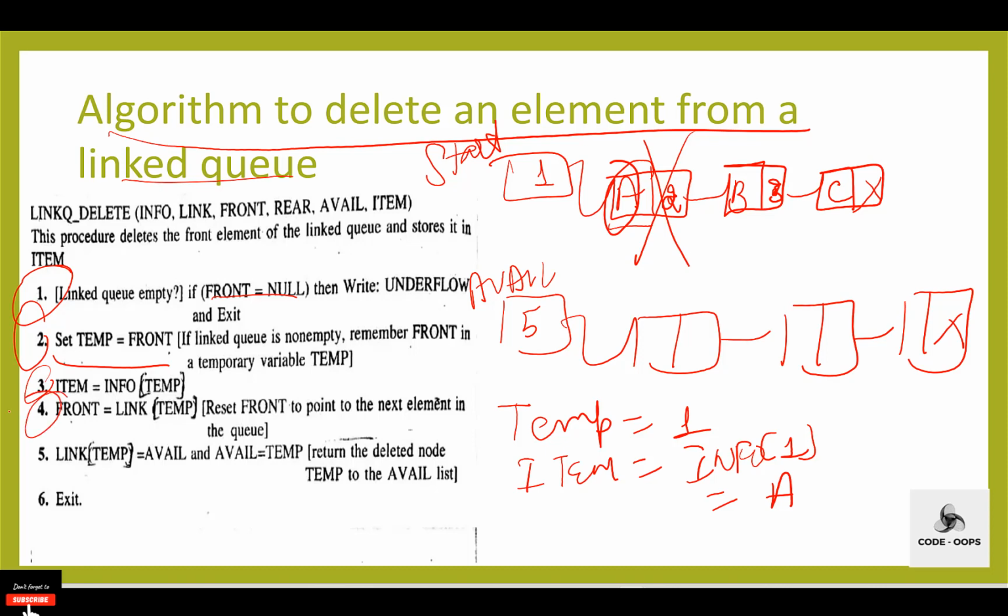Then the fourth step is front is equal to link of temp. Reset front to point to the next element in the queue. Now front becomes 2. And link of temp is equal to avail.